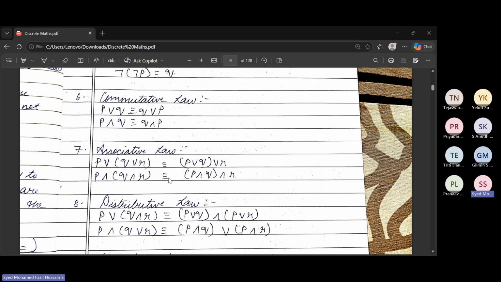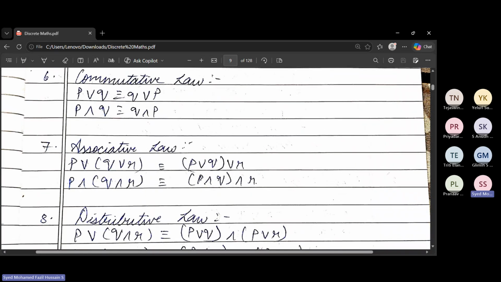Associative law is like when two statements are given. See here, we have to keep in mind that in each of the statements, the conjunction or disjunction is the same.